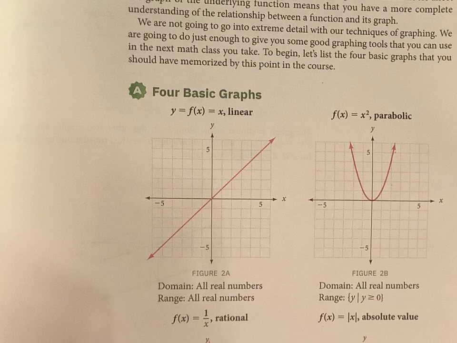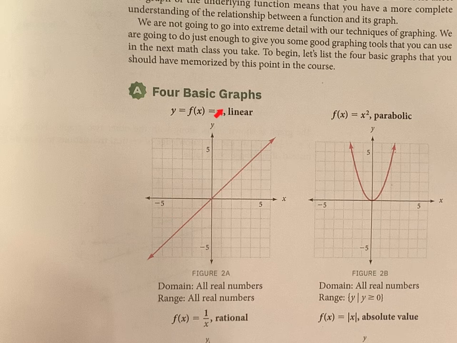All right, so the key thing to look at here is, remember we said that y is the same as f of x, the function of x. So these two are the same, and this is what we're looking at. If y equals x, it is going to give you a straight line.